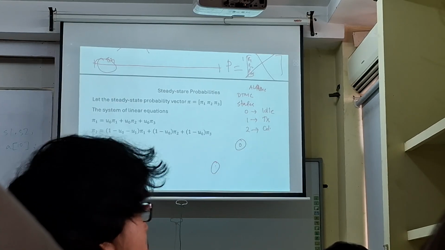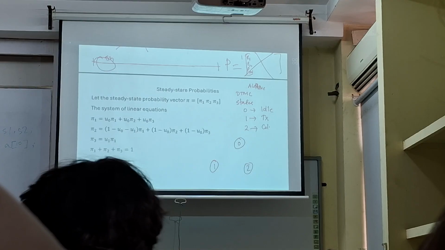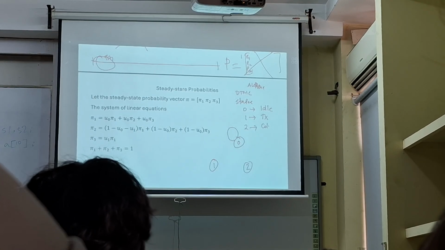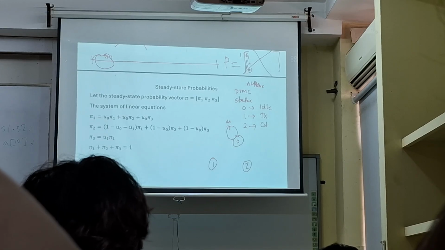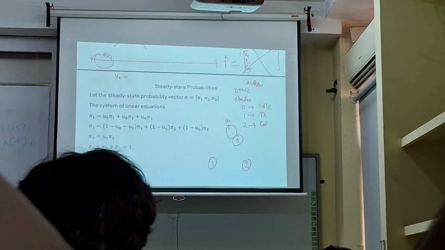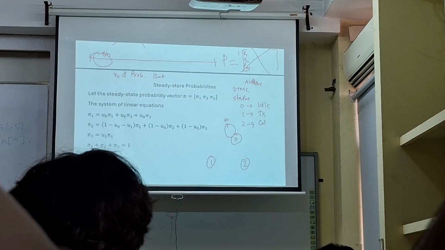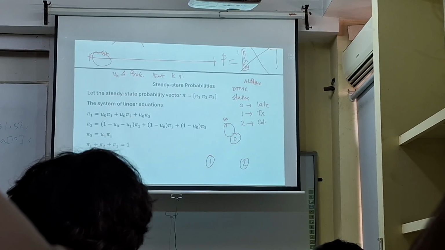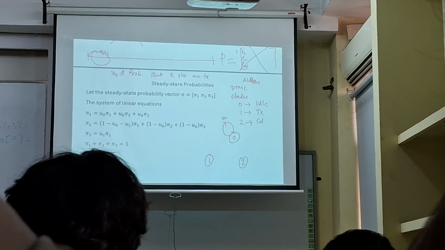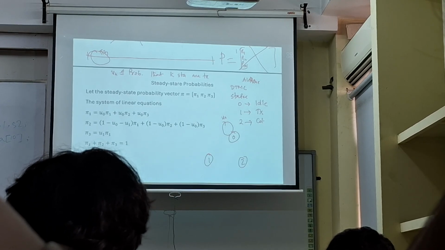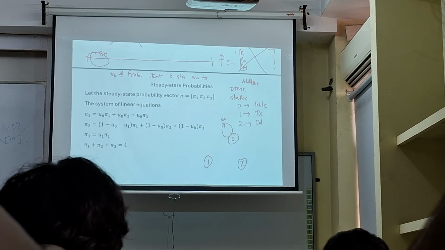Now, if this is the transition probability graph, when the system is in the idle state, it remains idle with the probability U0. What is U_k? It is the probability that k stations are transmitting. So when k is equal to 0, this indicates none of the stations are transmitting.